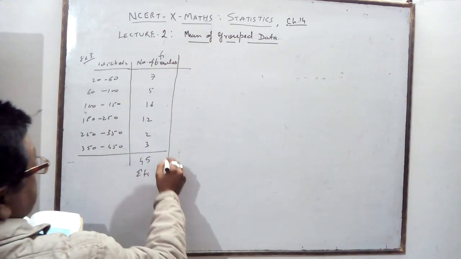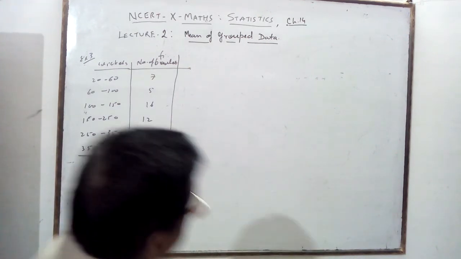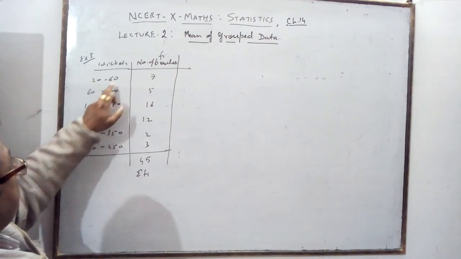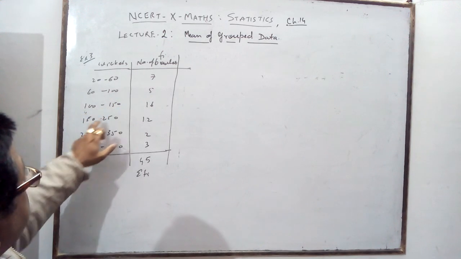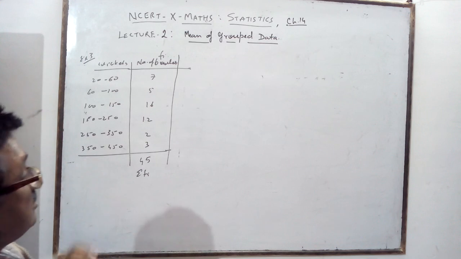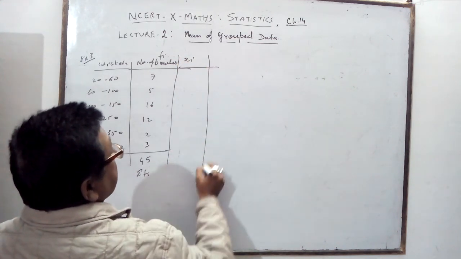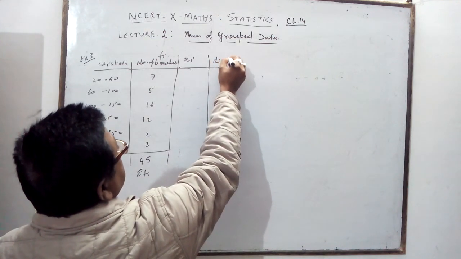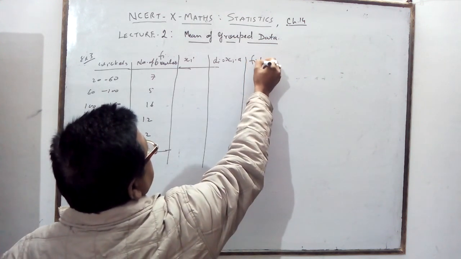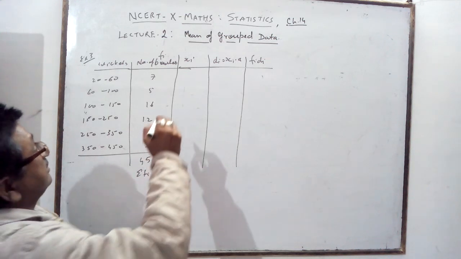But you can't use the shortcut method here, because 60 and 20 have a 40 difference, but here 50 difference, here 100 difference is there. So the class size is not the same. So you use only x_i and then d_i. d_i is equal to x_i minus a, and then f_i d_i. The deviation method you can use, or you are free to use the direct method.